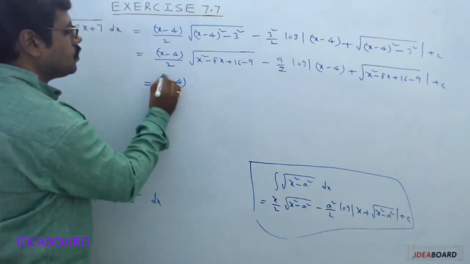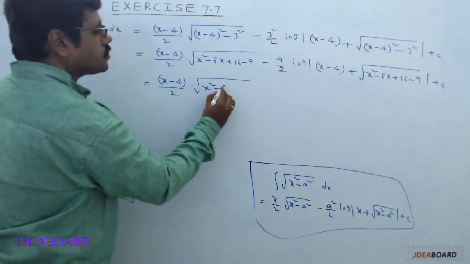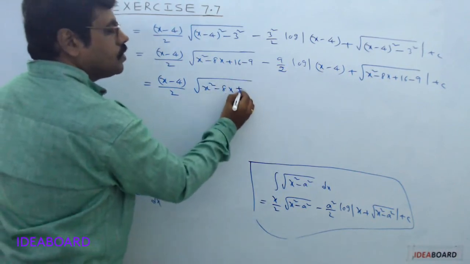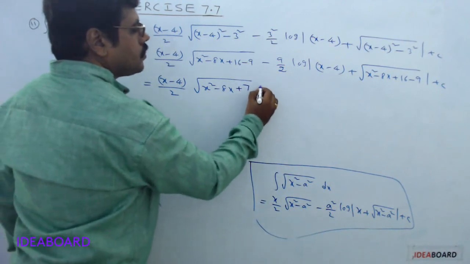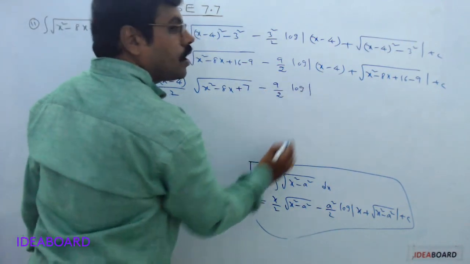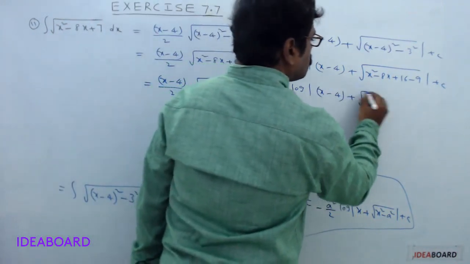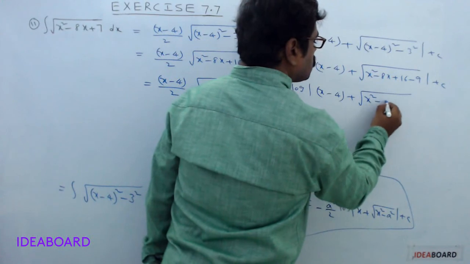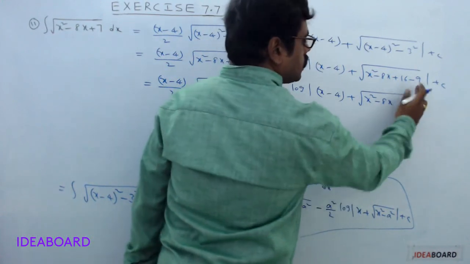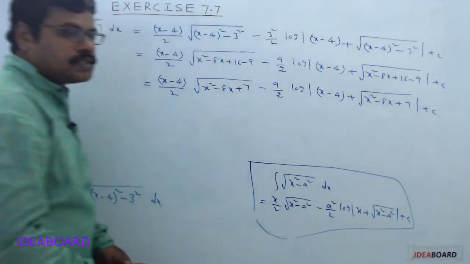So it is x minus 4 divided by 2 into square root of x square minus 8x, 16 minus 9 is 7, minus 9 by 2 into log mod of x minus 4 plus square root of x square minus 8x, constant term will be plus 7, plus a constant c.